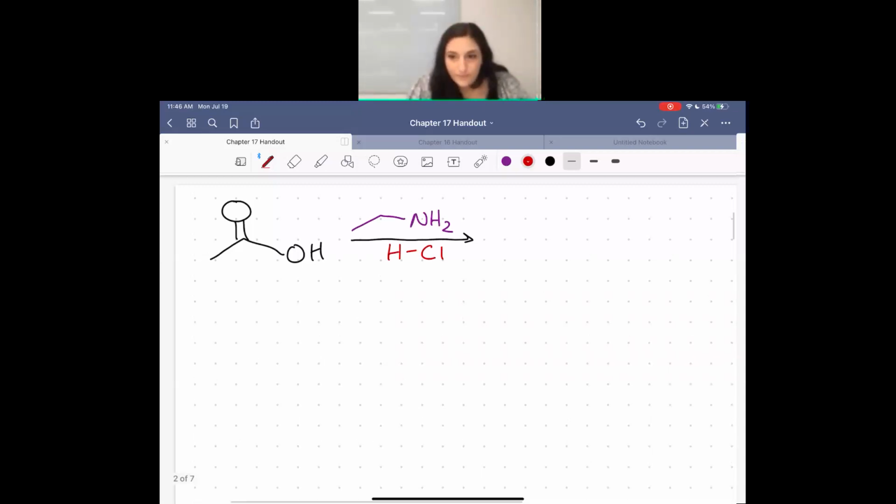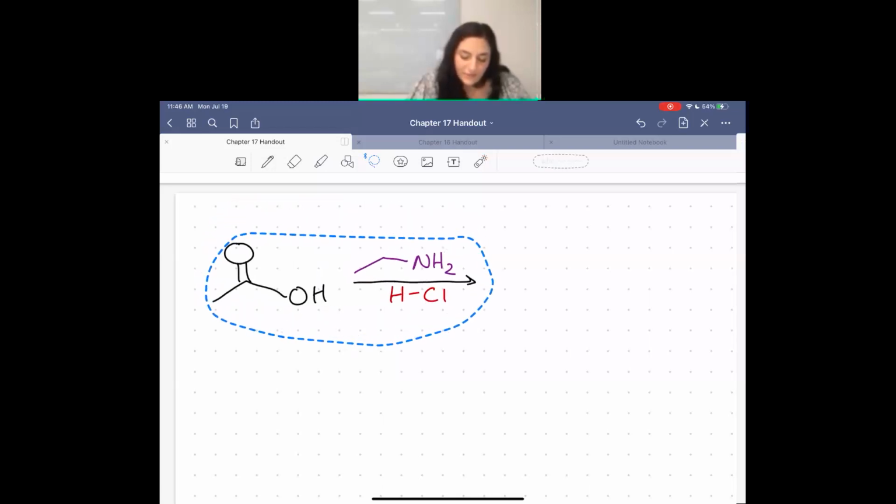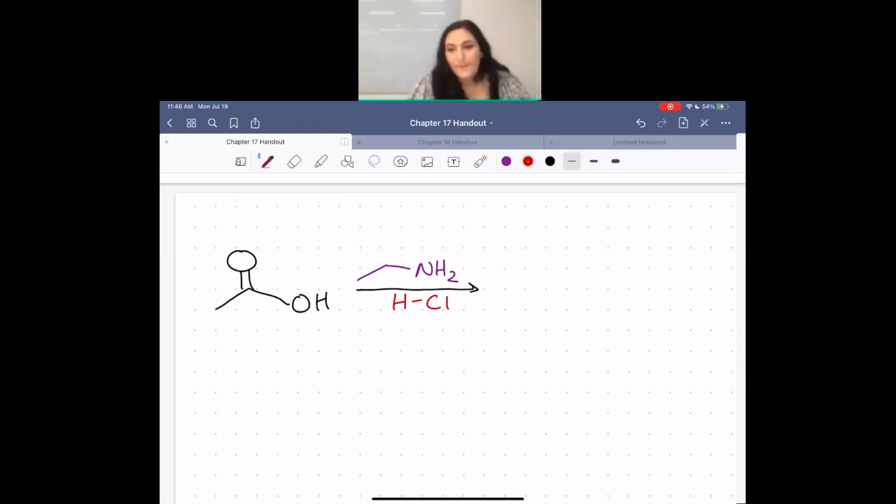Okay. So this set of reagents should look really familiar. If we were in chapter 16, what reaction would be happening? The imine reaction, absolutely.